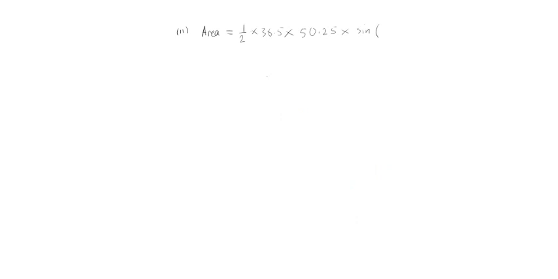Now let us multiply 36.5 times 50.25. That is 1834.125.